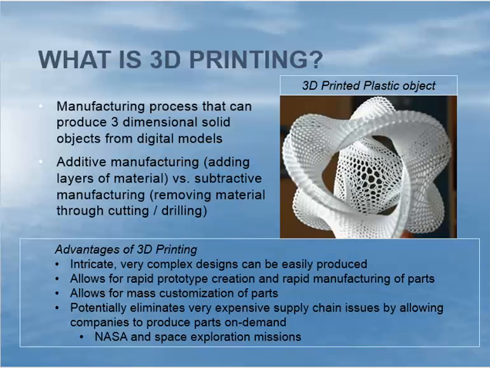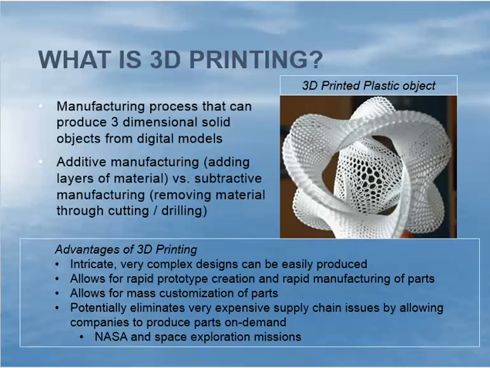You also hear 3D printing called additive manufacturing, because what you're doing is adding layers of material, versus the typical manufacturing process, which is subtractive. You basically start with a big block of, let's say, wood or metal, and then you remove the material, or subtract from the original material, through processes such as cutting or drilling.